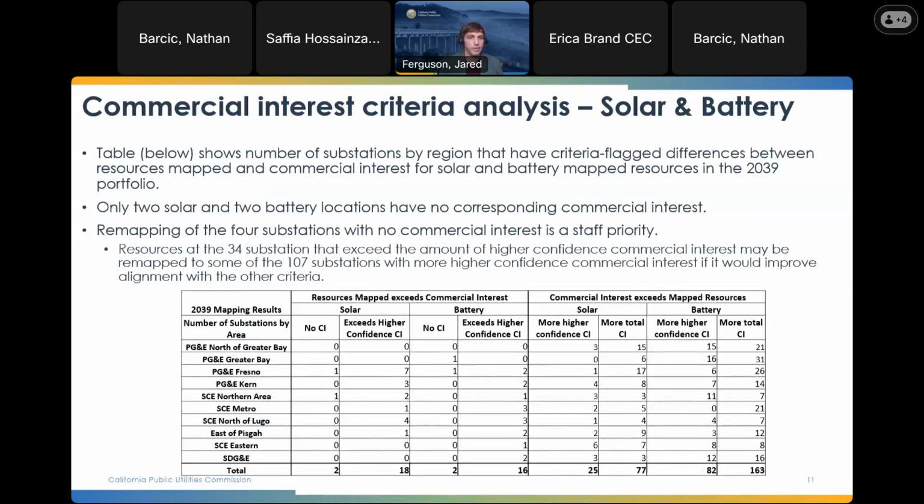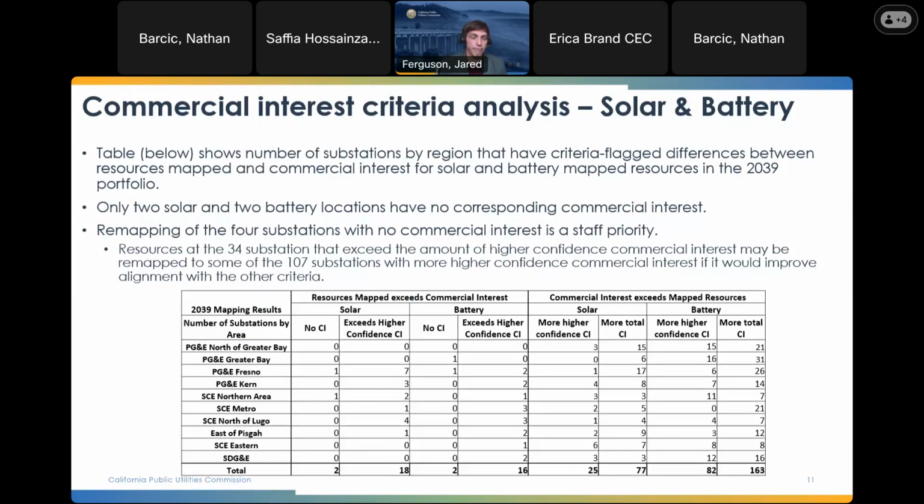So this table here is once again trying to take the big list of substation analyses in the dashboard of the criteria and simplify it into a smaller, easier to digest table. For solar and storage resources, it has again a breakdown, this time by the ISO interconnection zone.